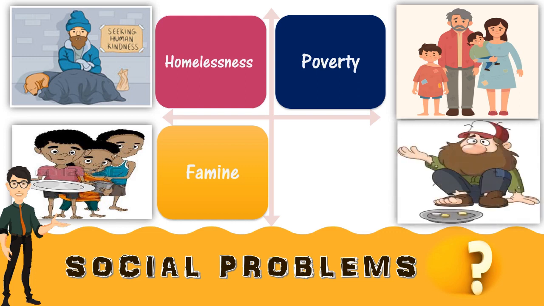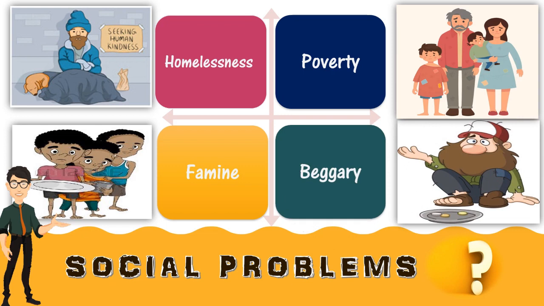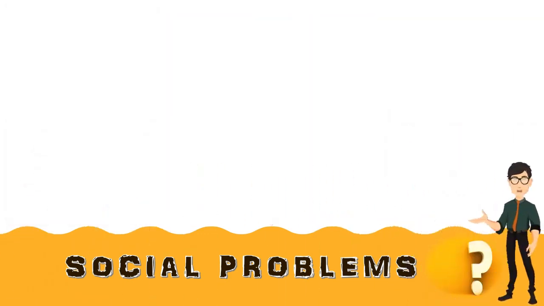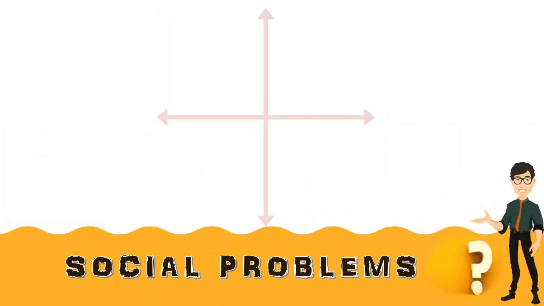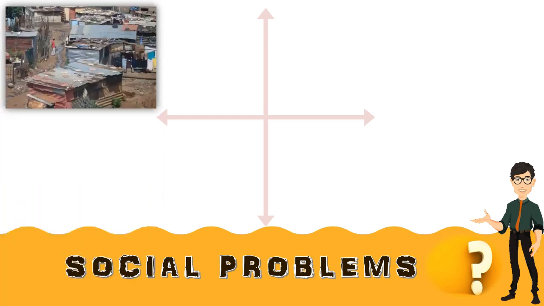Another problem is beggary, or begging for money or for food, asking other people for money or food. Let's look at another category of social problems.